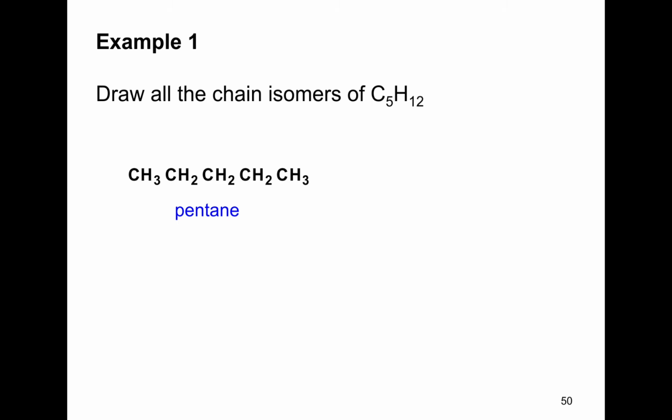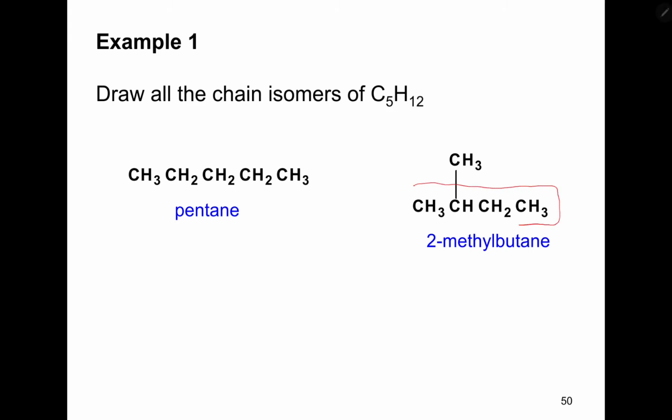So this is pentane. The second structure is 2-methylbutane, where we have 4 longest continuous chain of carbon atoms with 1 methyl group attached to the carbon number 2.